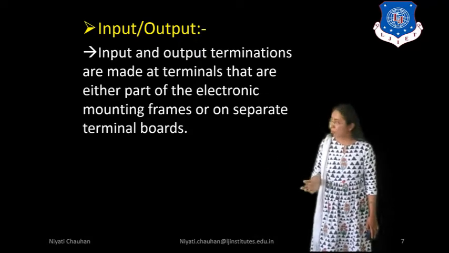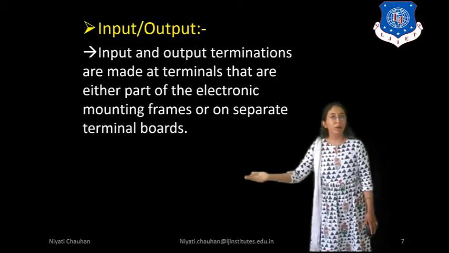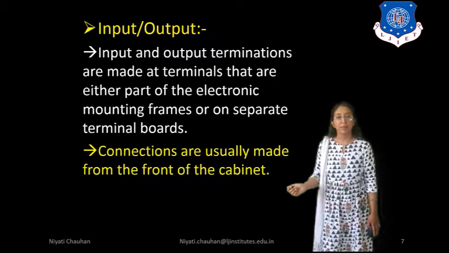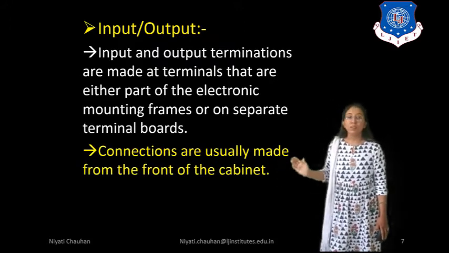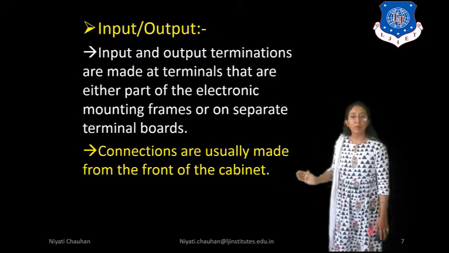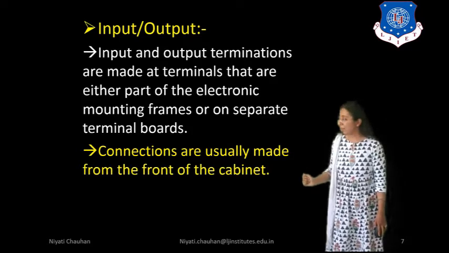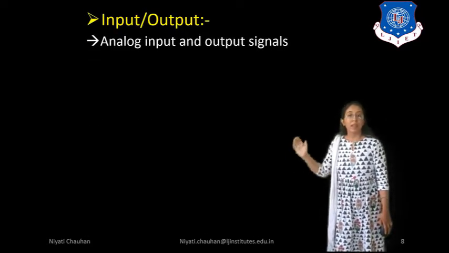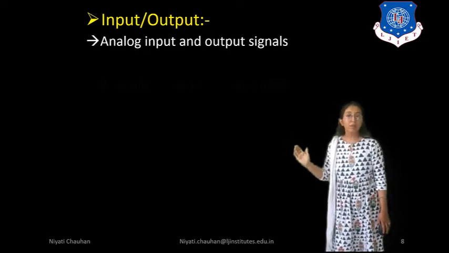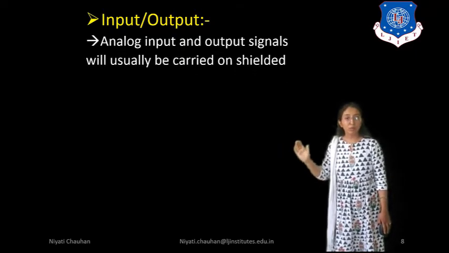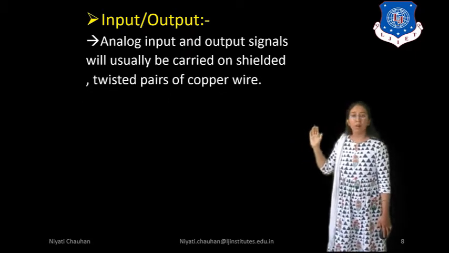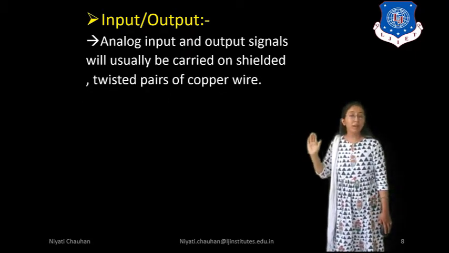Input and output can be defined according to our process. Connections are usually made from the front of the cabinet. Analog input and output signals will usually be carried on shielded or twisted pair copper wire.